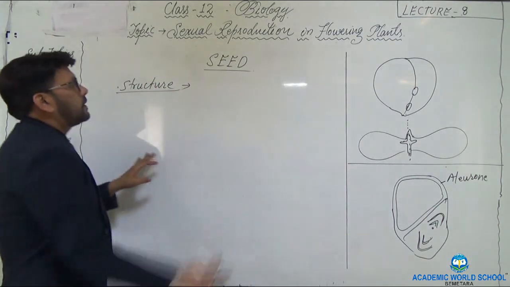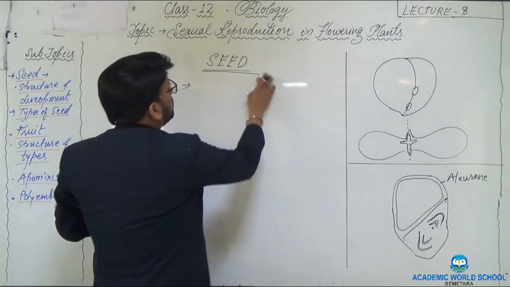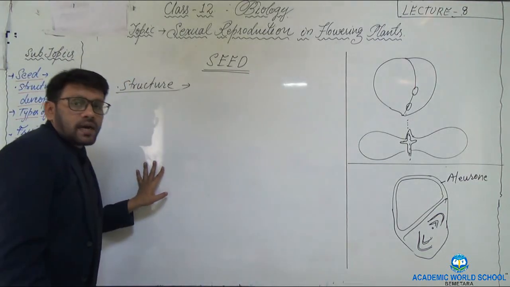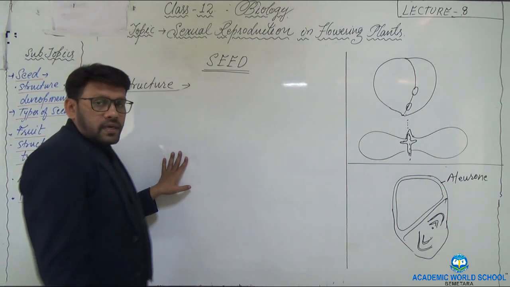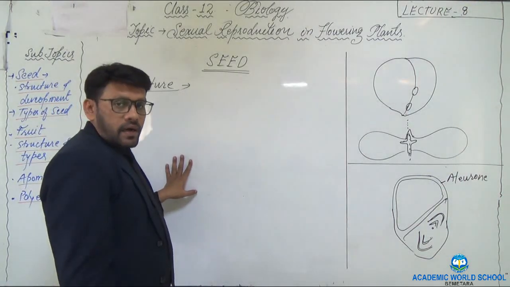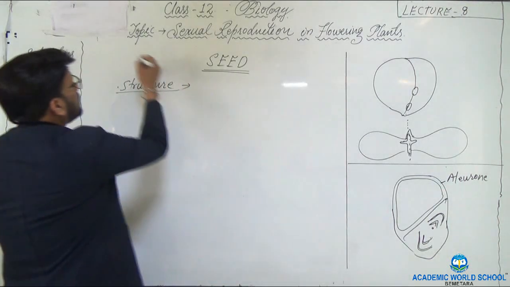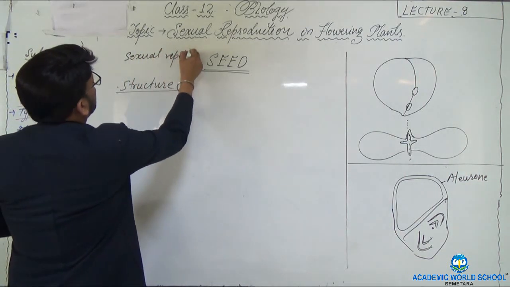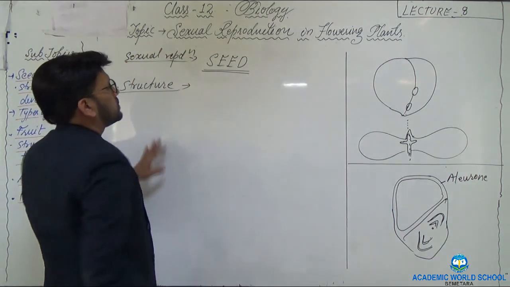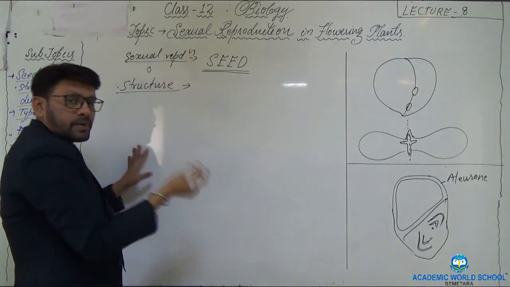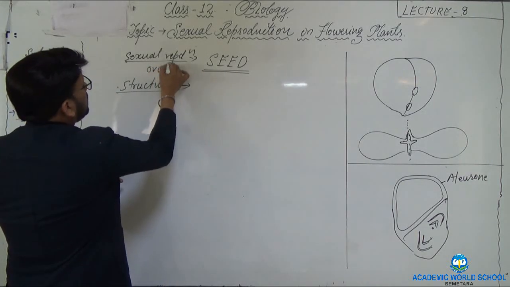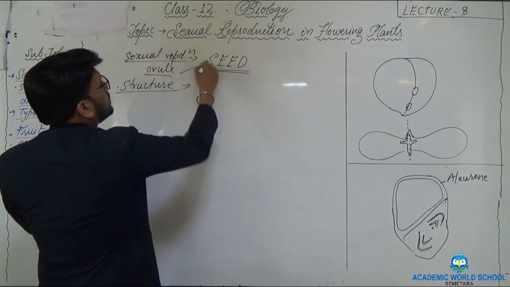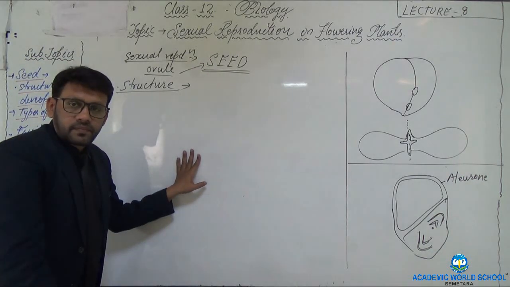As you can see here, I have told you seeds are the final product after the process of sexual reproduction in the plant. As I have told in my previous video, the ovule changes into the seed.